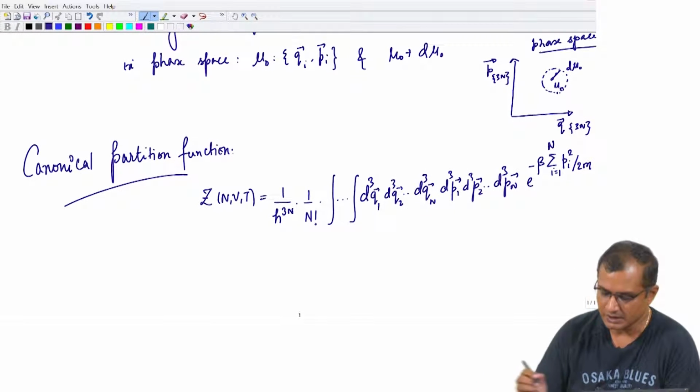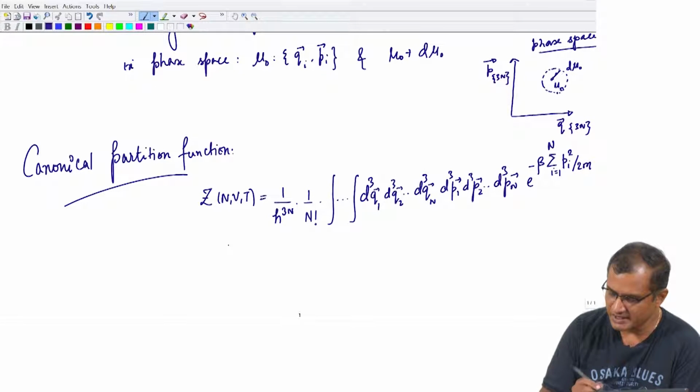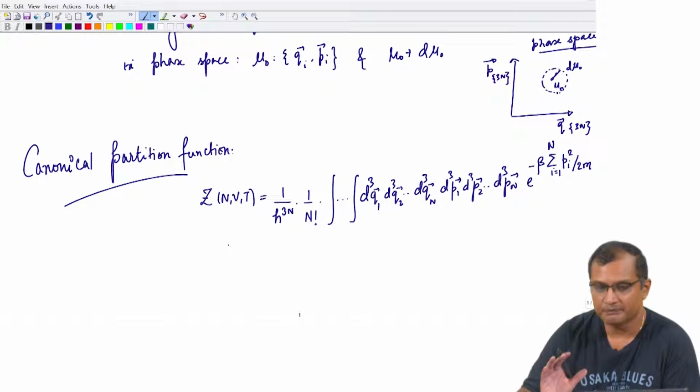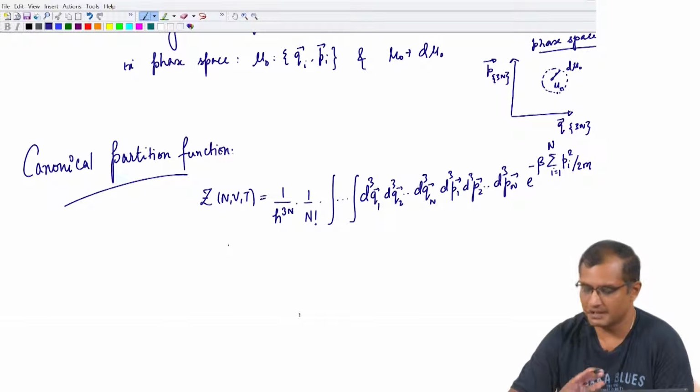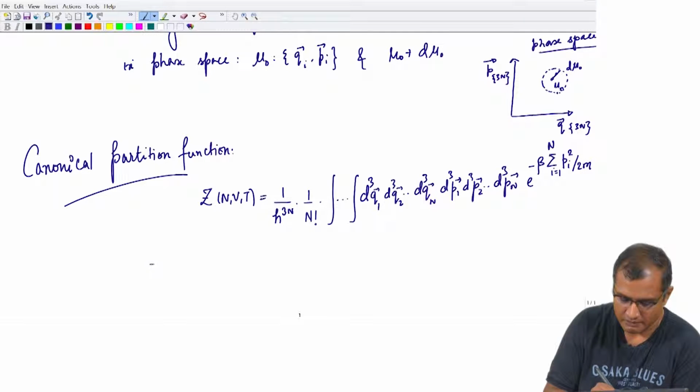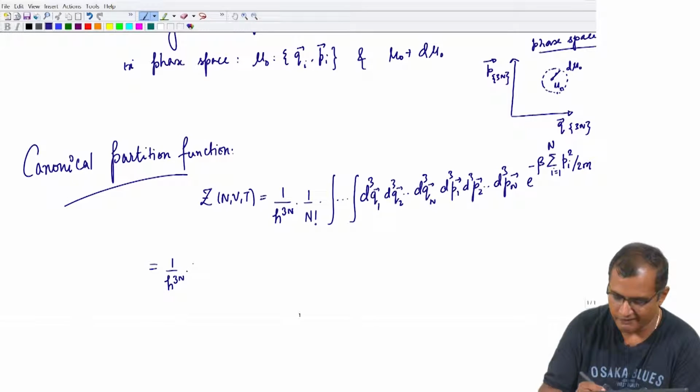Okay. So, p i square is nothing but the sum of squares of momentum of each particle, and there are n particles in the system. So, straight away I can see that the position integrals and the momentum integrals are independent. So, I can integrate them separately.